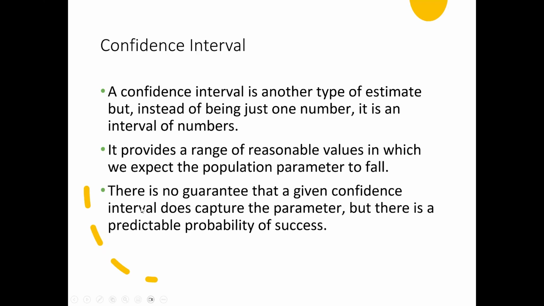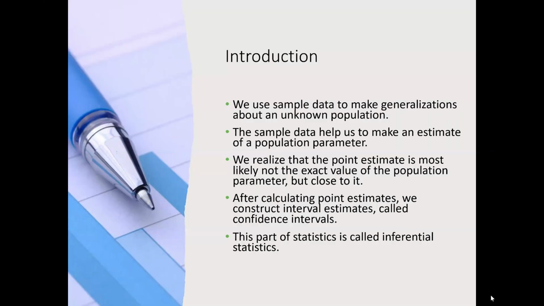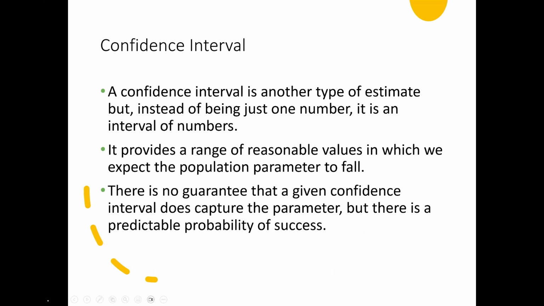A confidence interval is another type of estimate, but instead of being just one number, like a proportion or a mean, it's an interval of numbers. It provides a range of reasonable values in which we expect the population parameter to fall. There's no guarantee that the given confidence interval does capture the parameter, but there's a predictable probability of success.